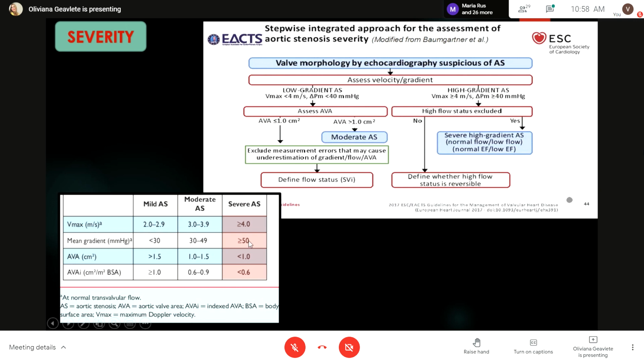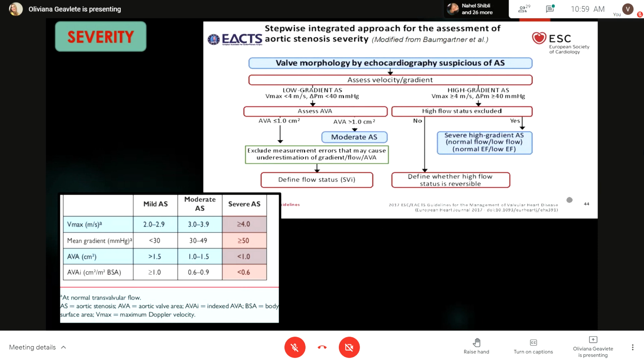And you have here the criteria for severe aortic stenosis, the echo criteria. And you should know this: the maximum velocity through the valve over 4 meters per second, the mean gradient over 50, and this is the cutoff, I think, for the Americans, because we have the cutoff of over 40.